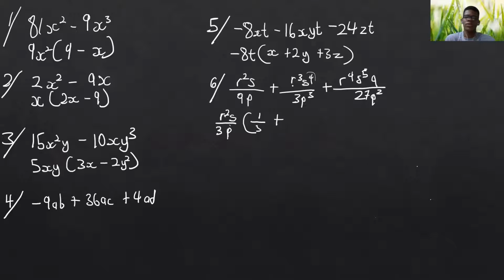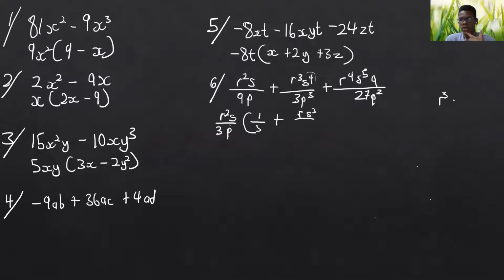But the basic thing about laws of indices is when you're dividing these variables by each other, you just have to decrease the power. So r squared divided by r to the third power divided by r squared, we're just left with r, and s to the fourth power divided by s, we're just left with s to the third power, right?